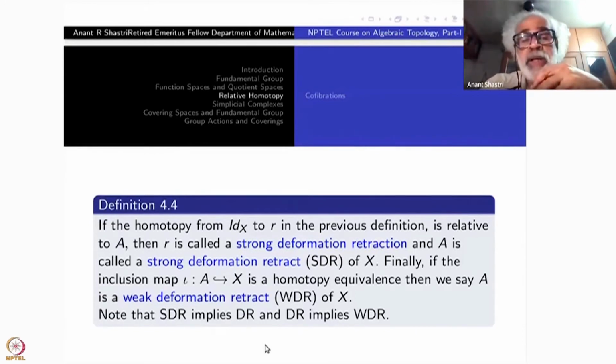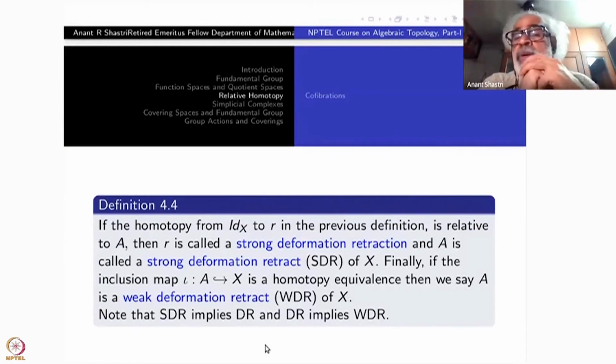Weak deformation retract means there is a map X to A. It may not be a retract, but it is homotopic to identity. That is why it's called weak deformation retract.